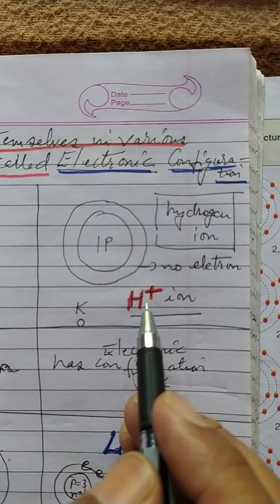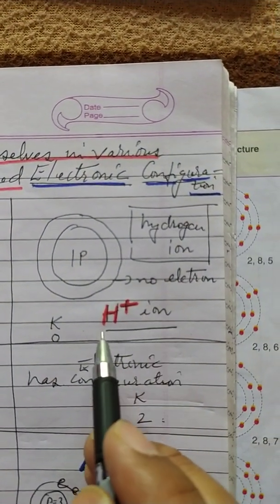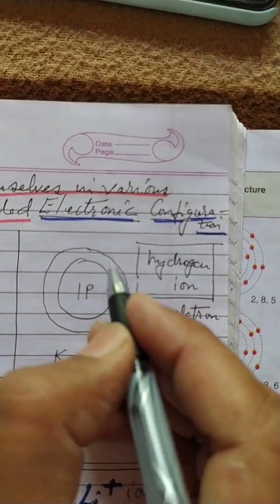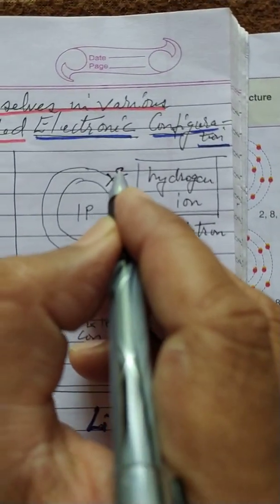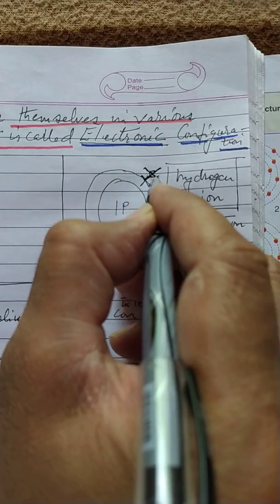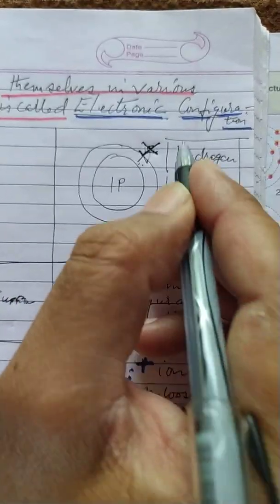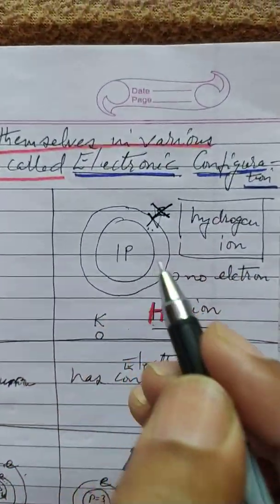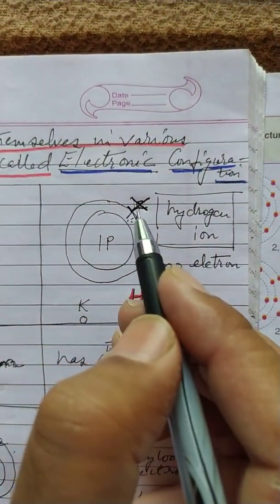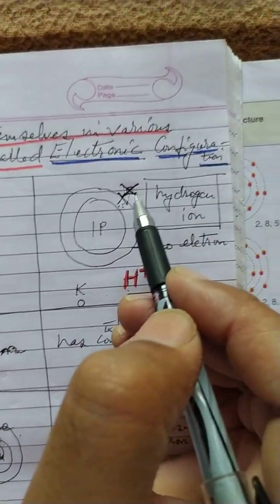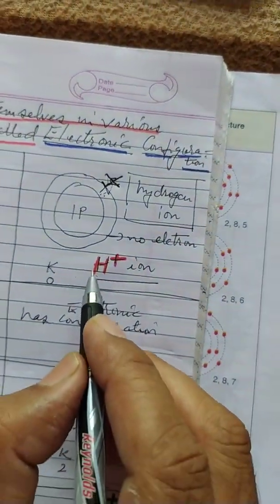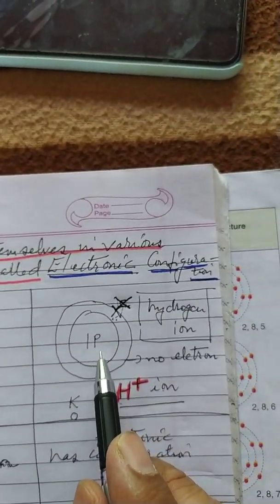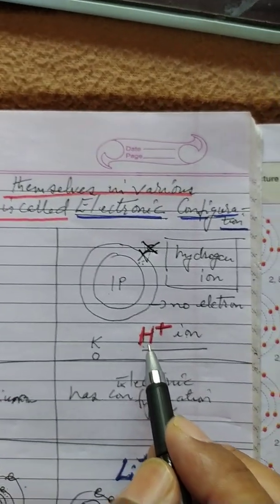Let us quickly see how hydrogen ion is formed. Hydrogen ion is formed by losing one electron. One electron which was in the first shell is lost by a hydrogen atom, and it is given to some other element atom which receives the electron, and so one positive charge comes on the hydrogen atom.